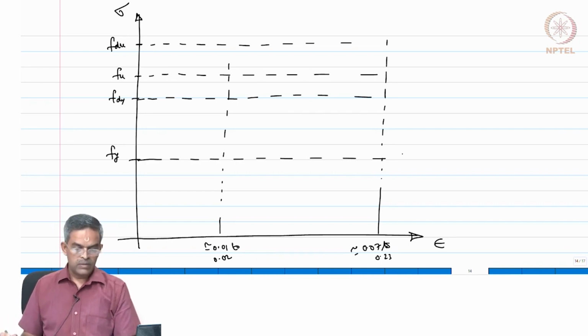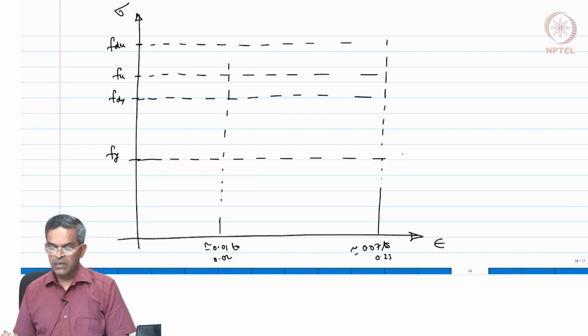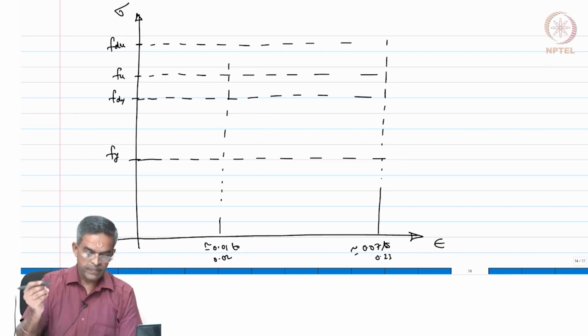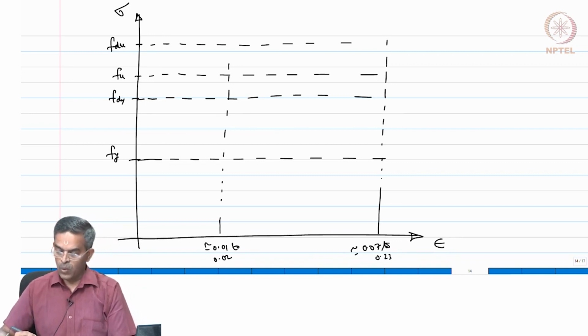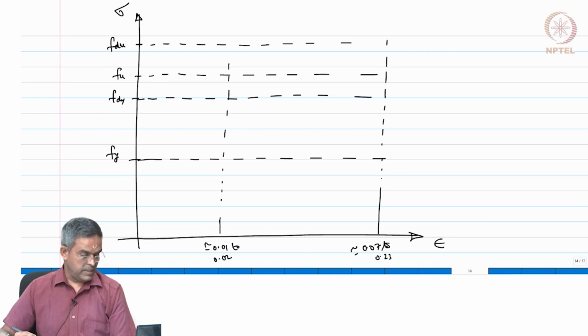Now, let us plot the stress strain curve under rapid strain rate and ASTM strain rate. Rapid strain rate and ASTM has the same slope for steel.